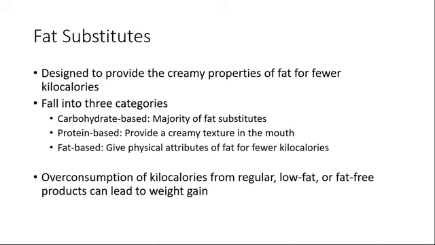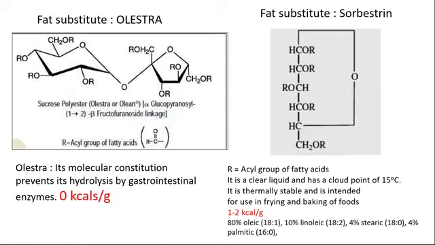So the fat substitutes, the reason they're called substitutes is that you will have fewer calories. So you can have carbohydrate based fat substitutes, protein based fat substitutes, or fat based fat substitutes. The majority of the fat substitutes are carbohydrate based, as you will see in this one. Olestra is available. And what is olestra?